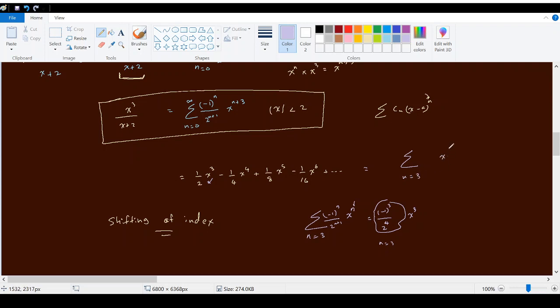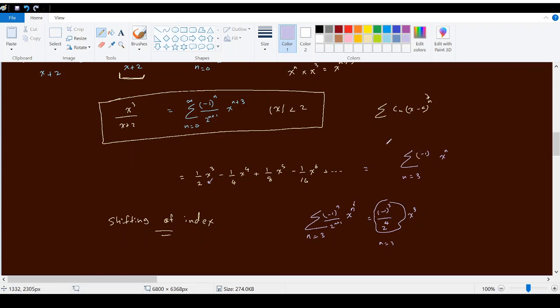Here we reduced 3 from the power of x. So we have to do the same thing for all these n terms as well.